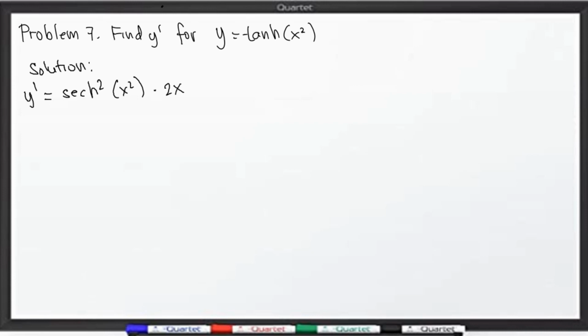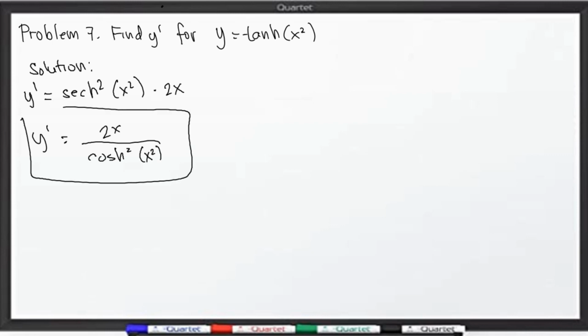Okay, so we can write this as y prime. Pwede natin itong gawing reciprocal, 2x over cos squared of x squared. So this will be our final answer.